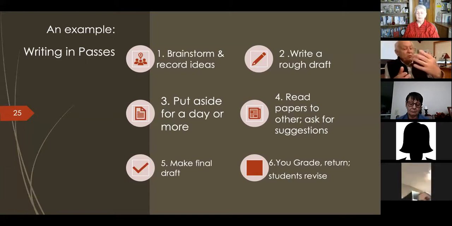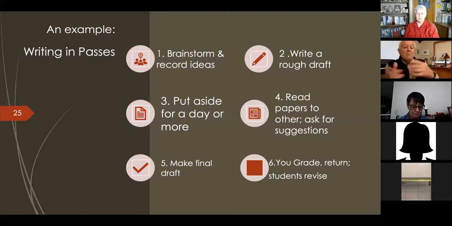So you need to take them through these steps. So pass one. Okay, we're just going to take 5 minutes to brainstorm and record ideas. And we're going to take maybe 10-15 minutes to write a rough draft just on what you have. And then we're going to put that aside for a day or two, because they're not really ready. They need to come to it fresh.